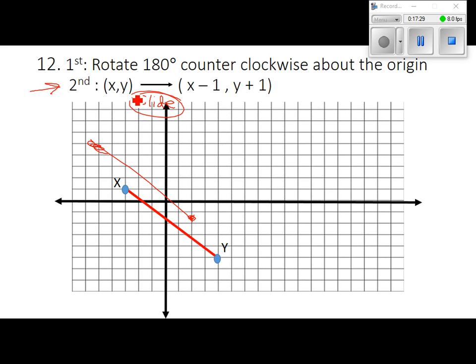That's telling us to take this shape and slide it. Left one, and up one. So it's going to end up in sort of the same spot, just out there a little farther.